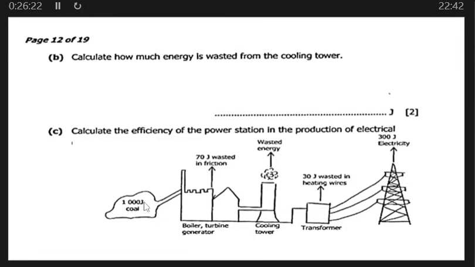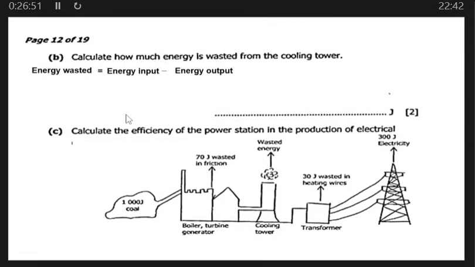So we are going to come up with an equation where we say wasted energy here must be given by the energy input, the energy that was put in the system, minus the energy output. So we can say wasted energy is equal to energy input minus energy output.